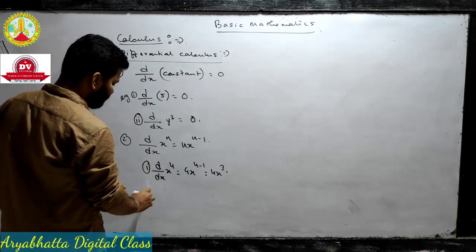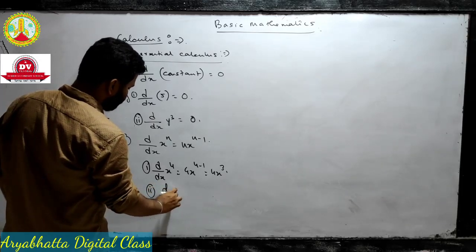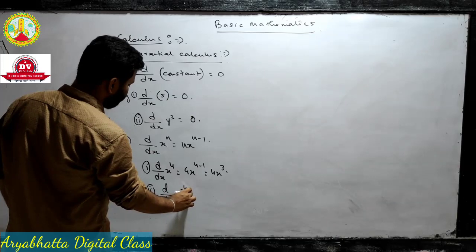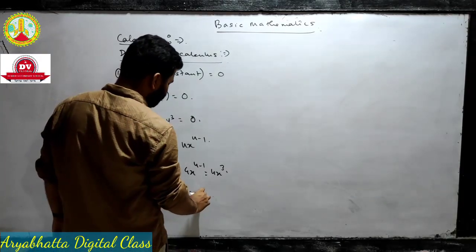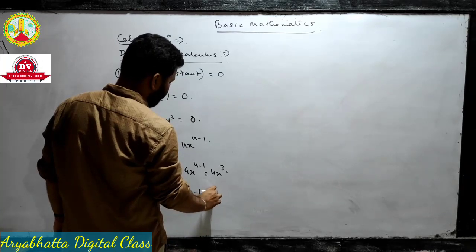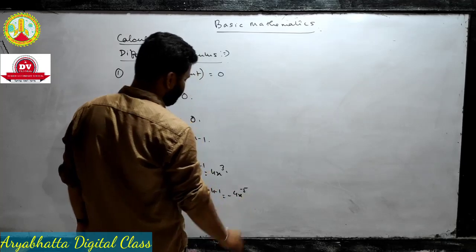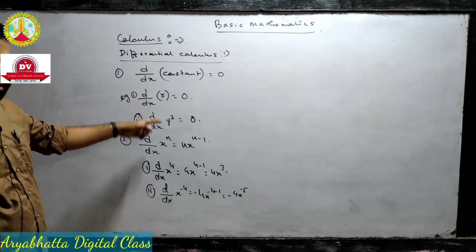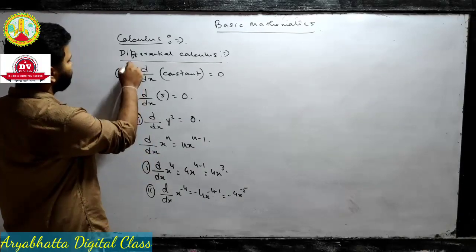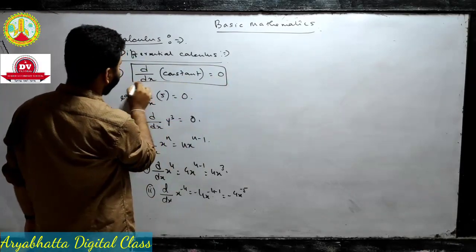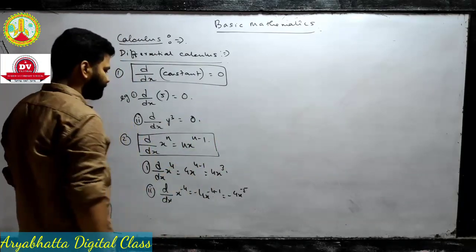What is the second example? d/dx of x to the power minus 4, what is the value of n now? n is minus 4. So it will be minus 4 x to the power minus 5. This is the formula, d/dx of x to the power n. Okay, this one inside the box.